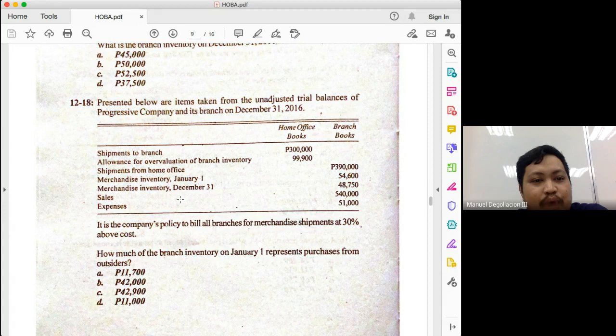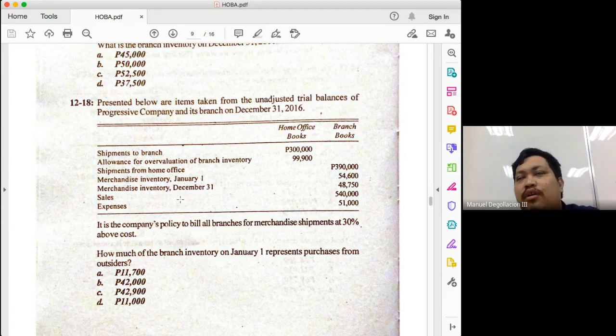One way of determining that, class, is by working back on the amount of inventory that came from the home office. Again, the 54,600 came from two sources, from outside parties and the home office. If you can compute for the portion coming from the home office, then the residual will represent the inventory that came from outside parties. What are we looking for here?